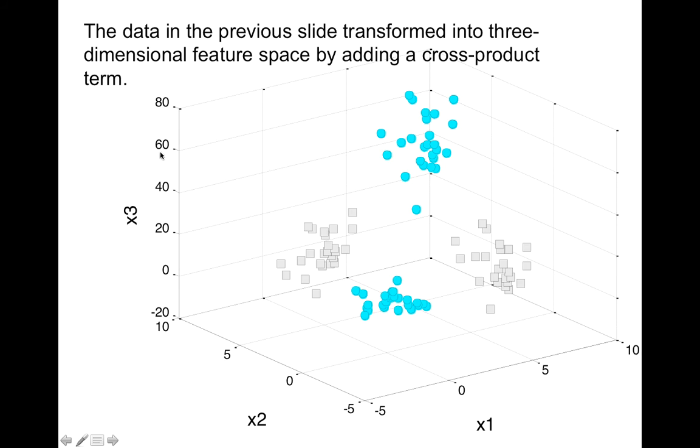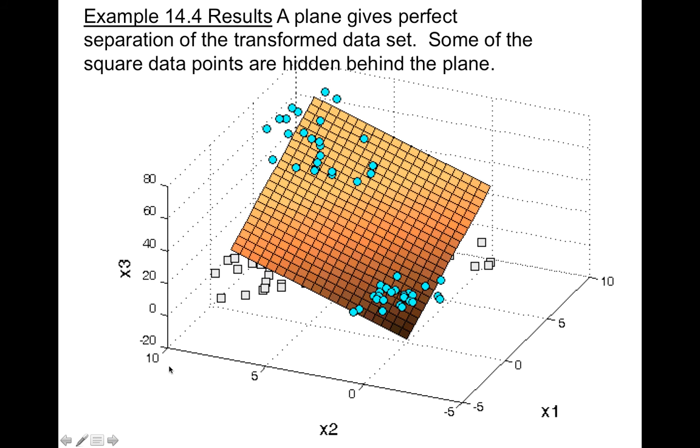So here is a three-dimensional feature space because we've now added that cross term. And you can see that the data physically move in such a way that if we now put this plane in here, we've completely effectively separated the data set. So this plane separates our data set. And so we've been able to do it with a linear separation instead of some kind of complicated curved space. This can avoid overfitting of the data.